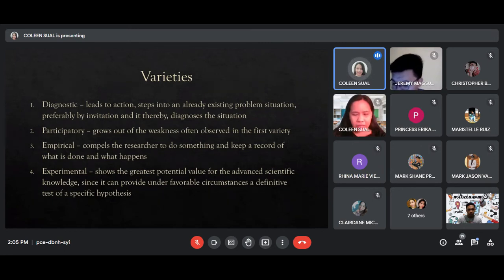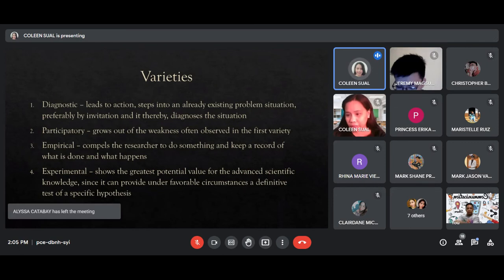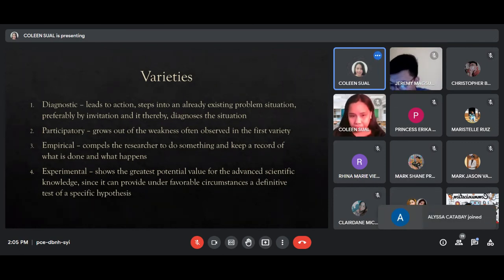In 1922, a group of American educators came to the Philippines to know the condition of education in the country. Now, they found out that it's effective, so they have strengthened the language curriculum. That is an example of a diagnostic research.